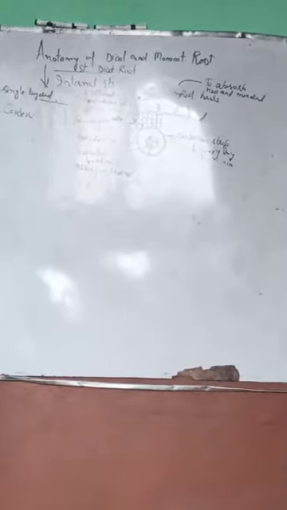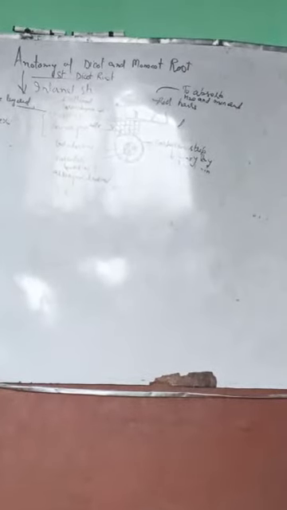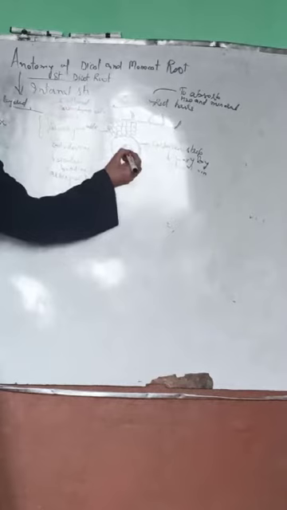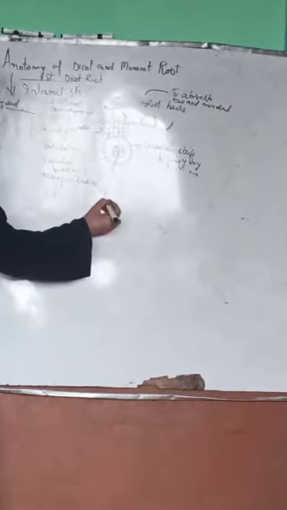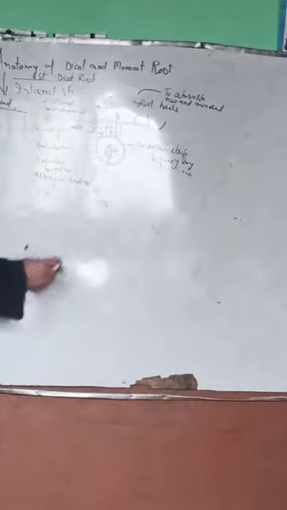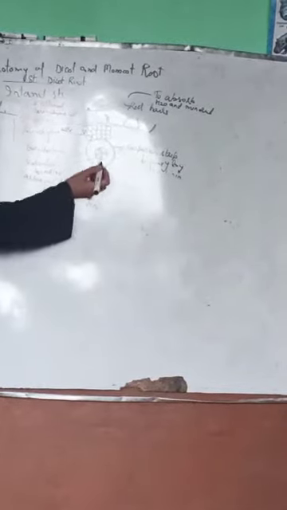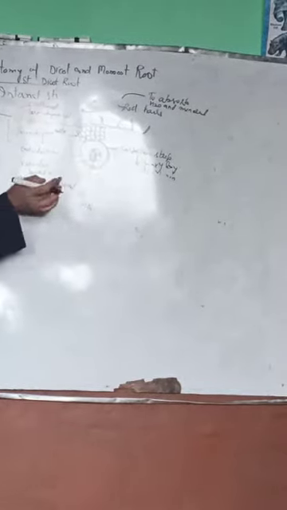So we can say in case of dicots, the arrangement of vascular bundles is conjoint, when xylem is towards the pith and phloem towards the periphery. In the center there is pith.